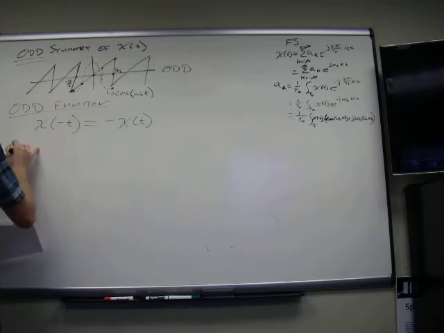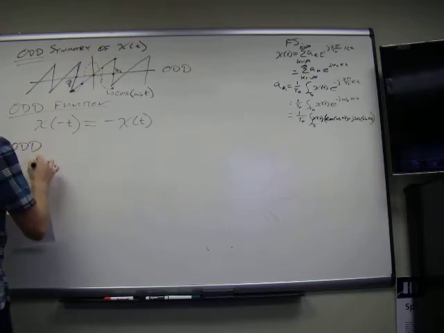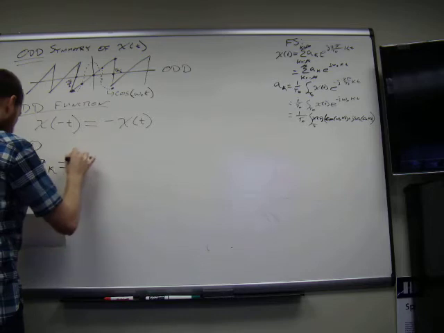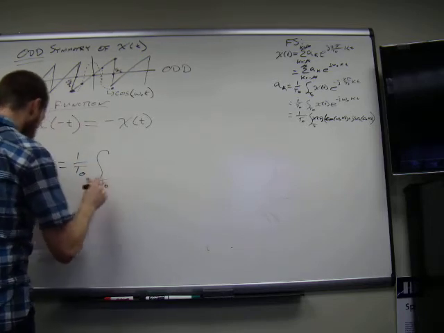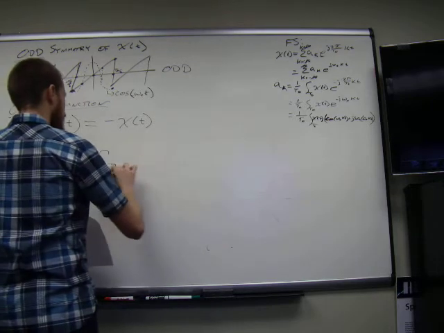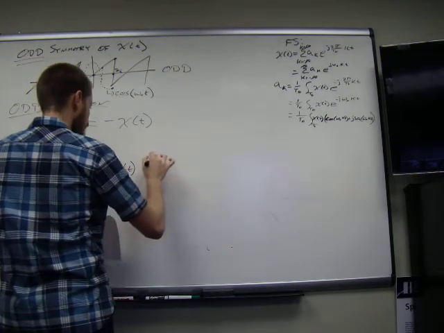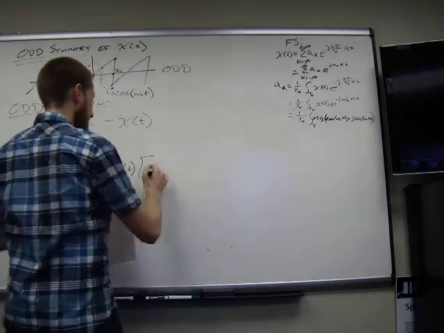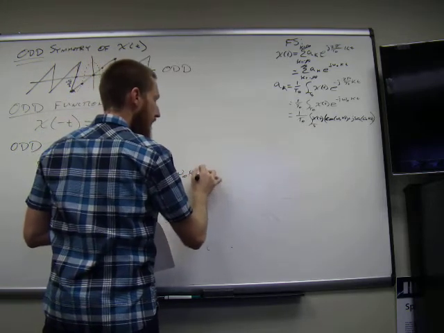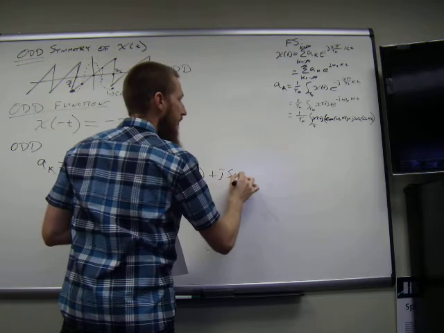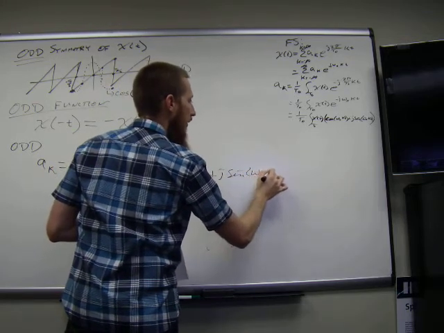So for an odd function, a of k is equal to 1 divided by t naught integral over some t naught period of x of t times, I'm going to use this last term, cosine of omega naught kt plus j sine of omega naught kt.